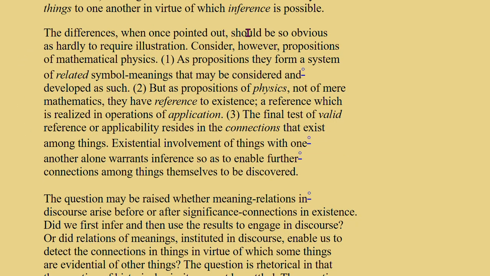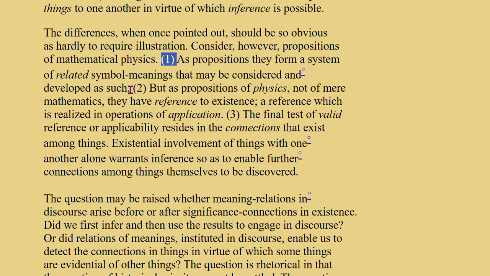The differences, when pointed out, should be so obvious as hardly to require illustration. Consider, however, propositions of mathematical physics. First, as propositions, they form a system of related symbol meanings that may be considered and developed as such. So within mathematical physics you can have discourse that's potentially about physical things in the world, physical processes, but you can develop it just in speech or writing, right?